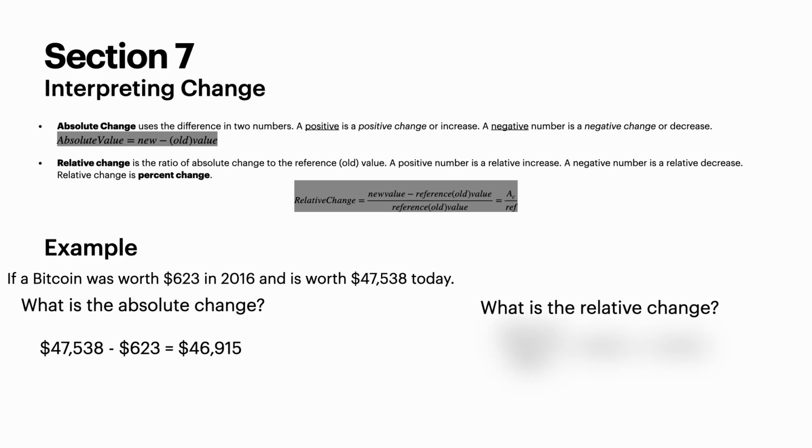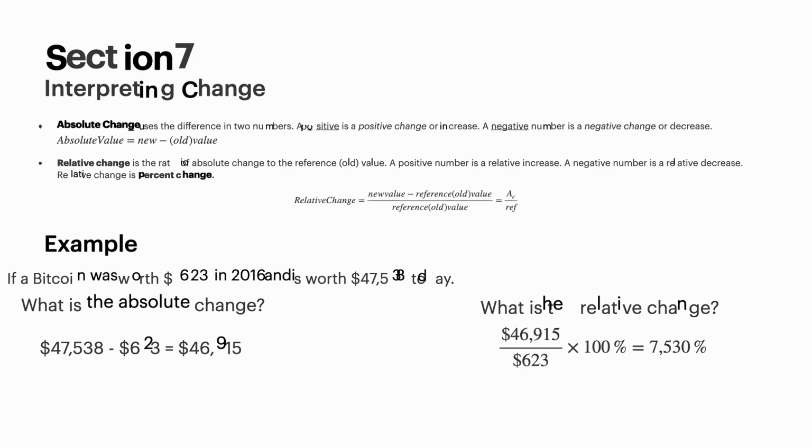What is the relative change? We take that absolute change, we divide it by the old value, we make it a percentage, and we see that it has grown 7,530% in just that time. So that is the difference between absolute change and relative change.